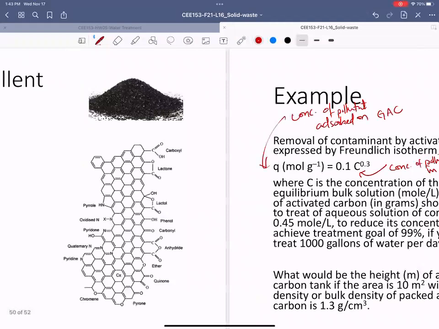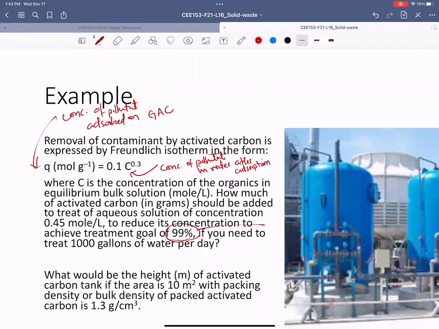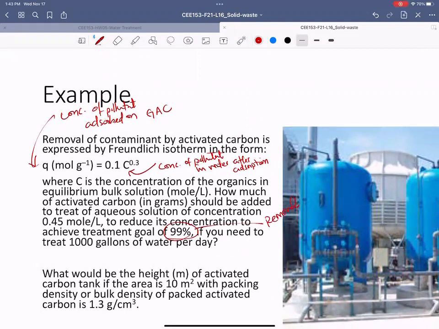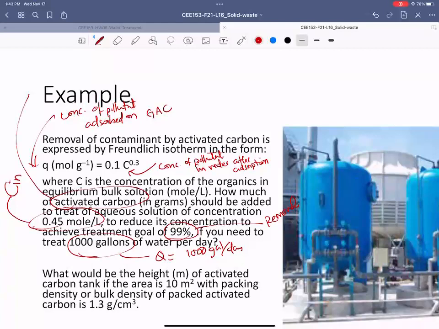That means this is how much you remove. This is the volume of water you are treating, or the Q. Q is 100 gallons per day. This is your initial concentration. That means how much pollutant is coming in the water. And the question is how much activated carbon is needed.